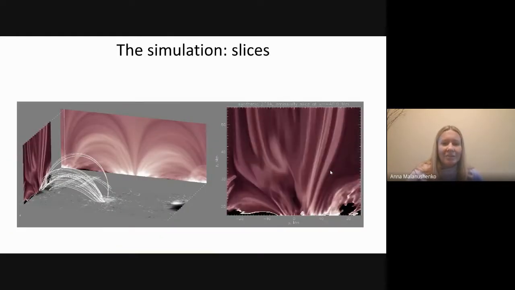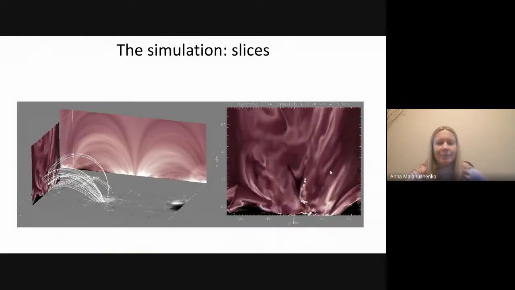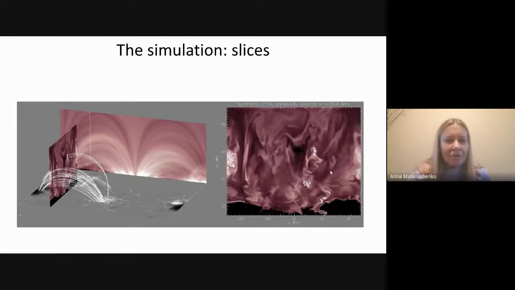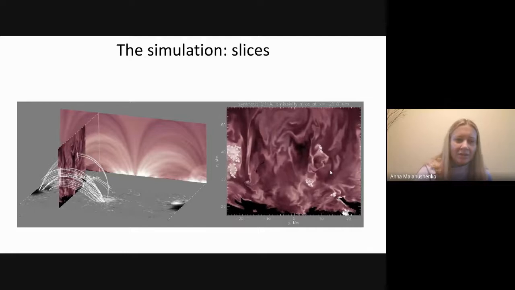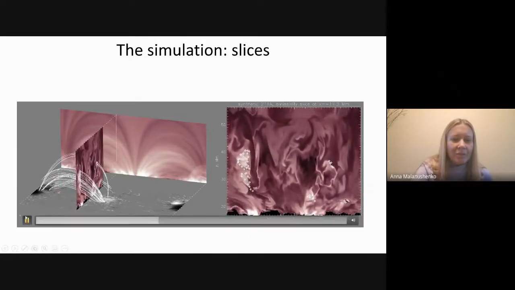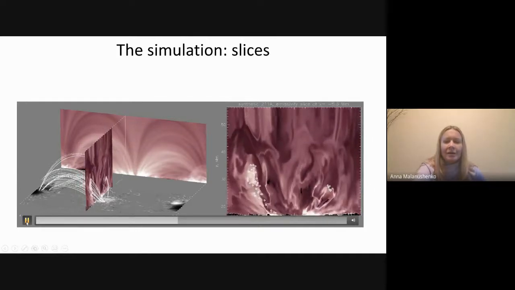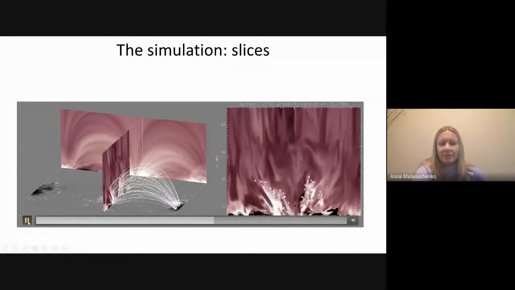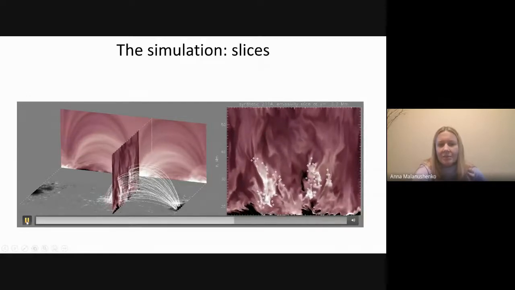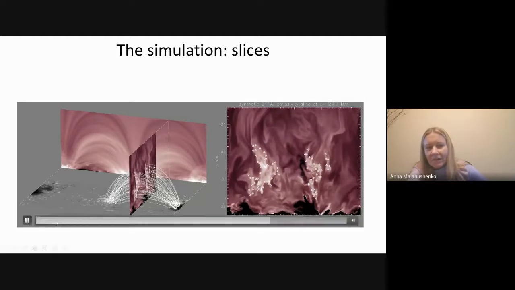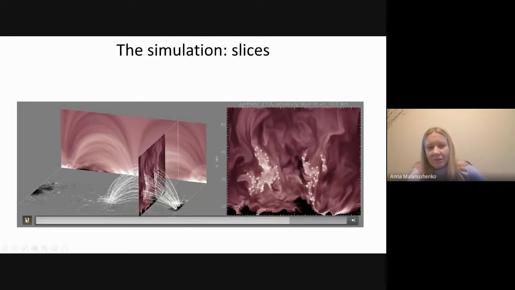Now, let's go back to this movie, and I will play it for a little bit just because it's cool, but also I wanted to pause it at just the right moment once the moving plane reaches the second loop bundle. So let's play it until maybe right about, let's pause it right about here.